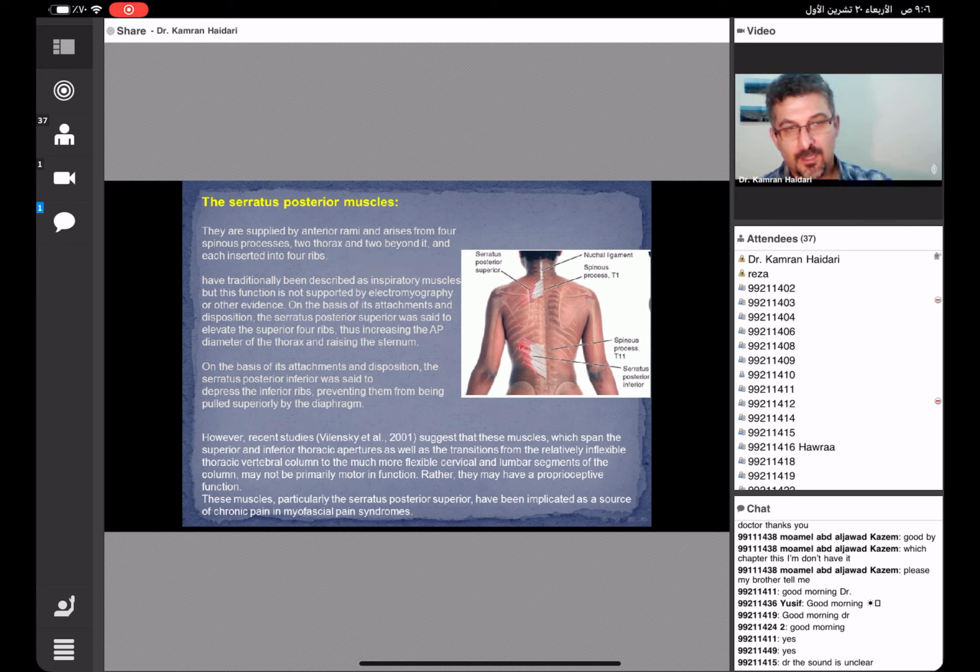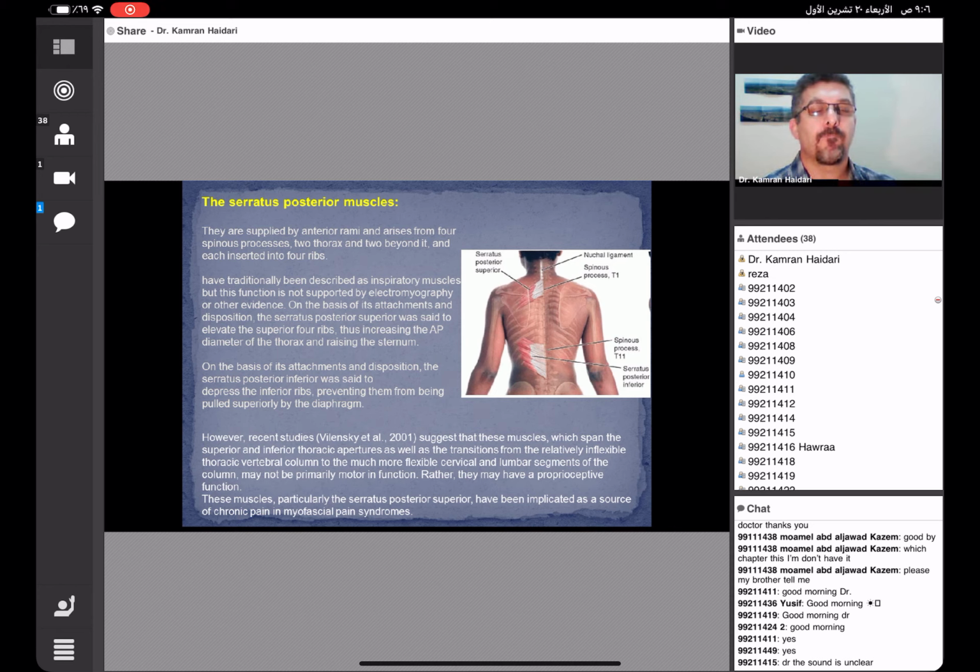By contraction of this muscle, the lower ribs move inferomedially, they are depressed. During inspiration and expiration, the action of these muscles determines elevation and depression of the ribs in the thorax.